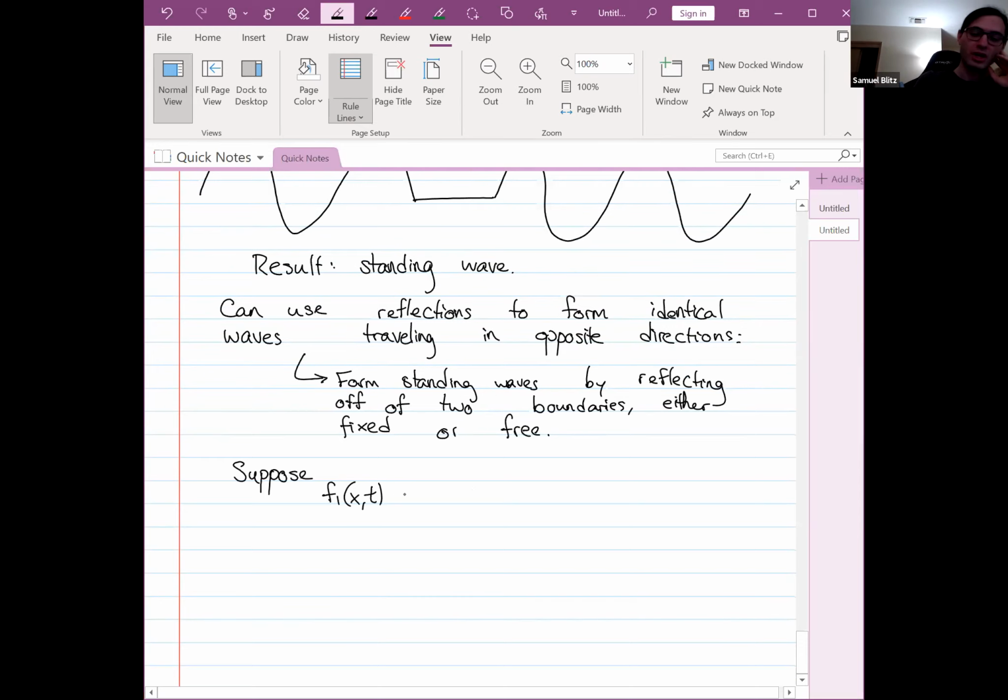The first is A cosine of 2 pi x over lambda minus 2 pi ft plus phi 1. This would be a wave that's traveling to the right.